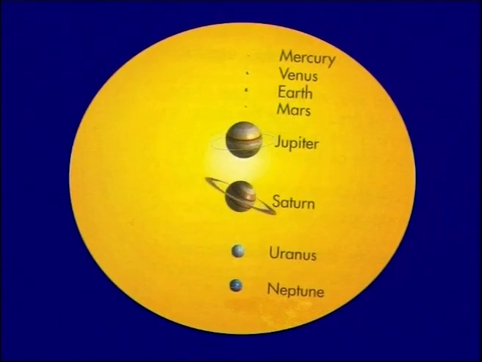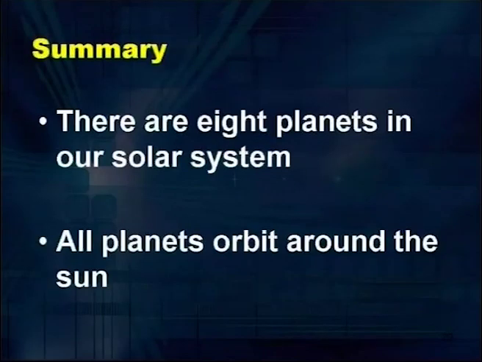Right, our first summary point. There are 8 planets in our solar system. Summary point 2, all planets orbit around the sun.